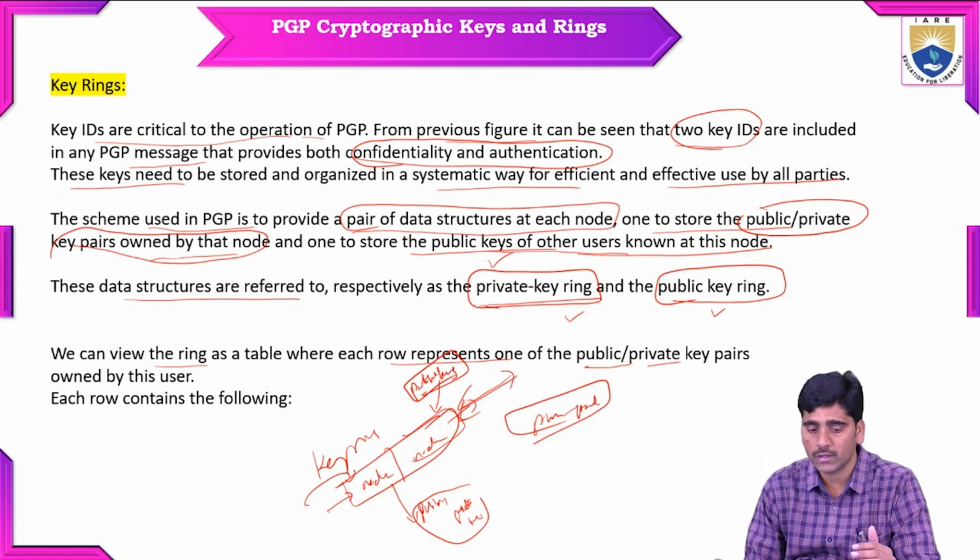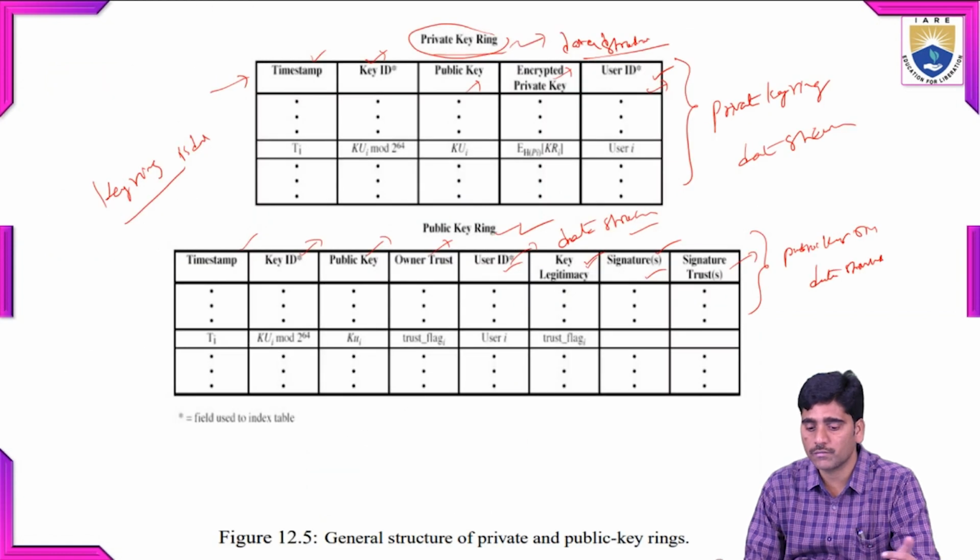The private key ring contains timestamp, key ID, public key, encrypted private key, and user ID. Similarly, the public key ring contains timestamp, key ID, public key, owner trust, user ID, key legitimacy, and signature trust. These are the general structure of public and private key rings.